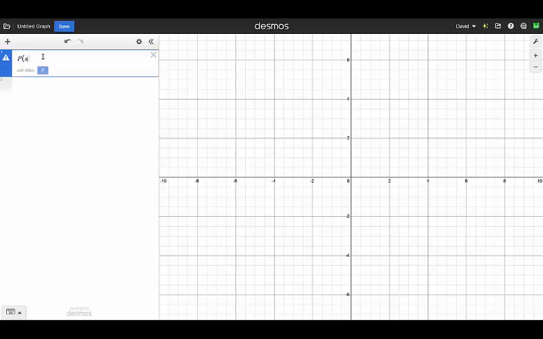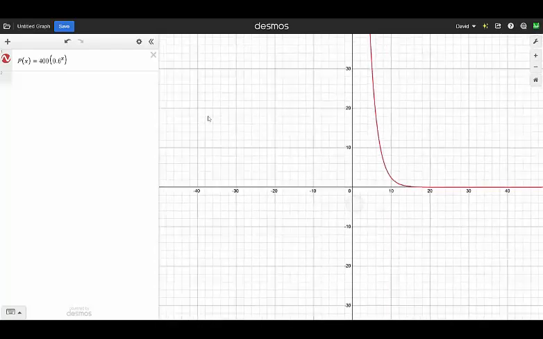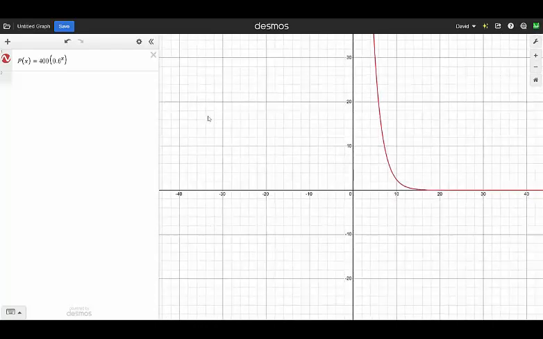We know that P of X equals 400 times 0.6 to the X. Okay, it's a little off. Let's squish this down a little bit. Like that. That's our function.